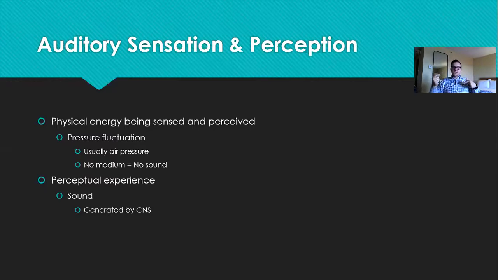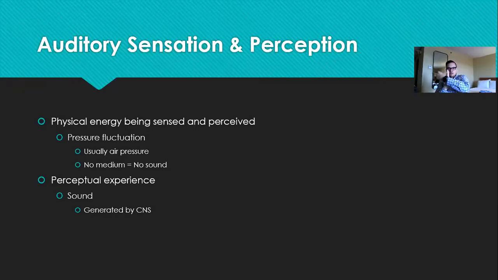Anytime you get a vibration like that, when that change in pressure enters your ear, through a series of events which we're going to cover, it literally pushes the hair cells back and forth. So that movement of the compression followed by rarefaction pushes the hair cells one way or the other.